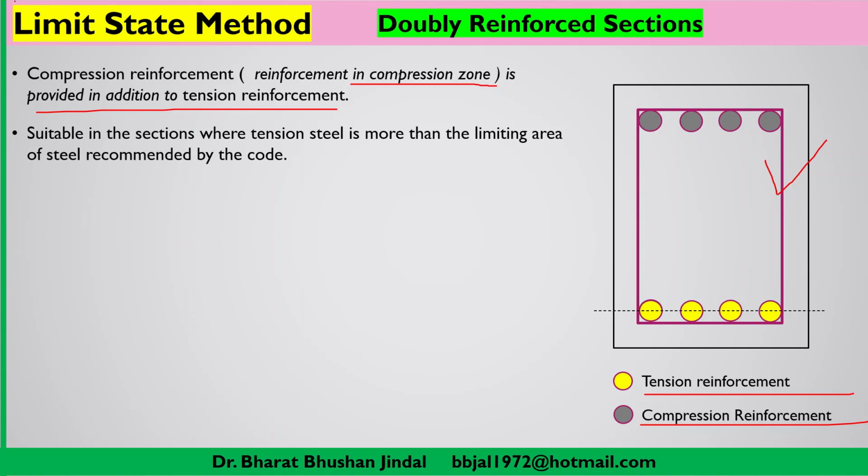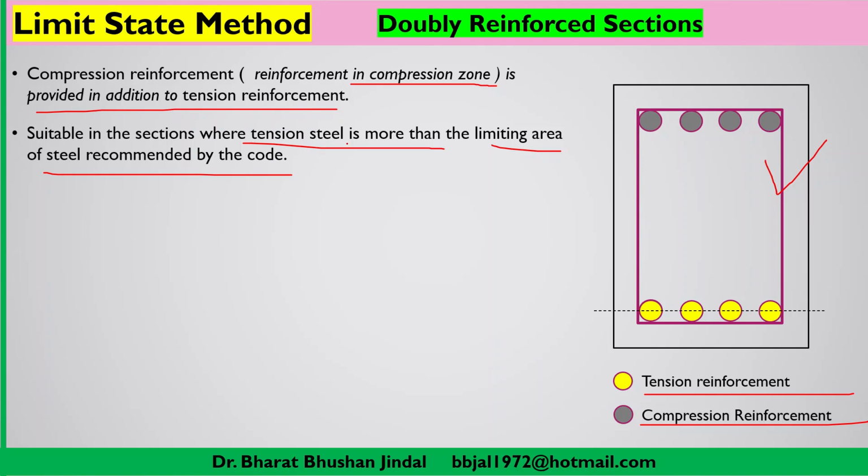Now doubly reinforced sections are suitable where tension steel is more than the limiting area of steel recommended by the code. That means if you are designing and calculating the area of tensile steel, that area is also restricted, because IS 456 also restricts the higher limit of the tensile steel.